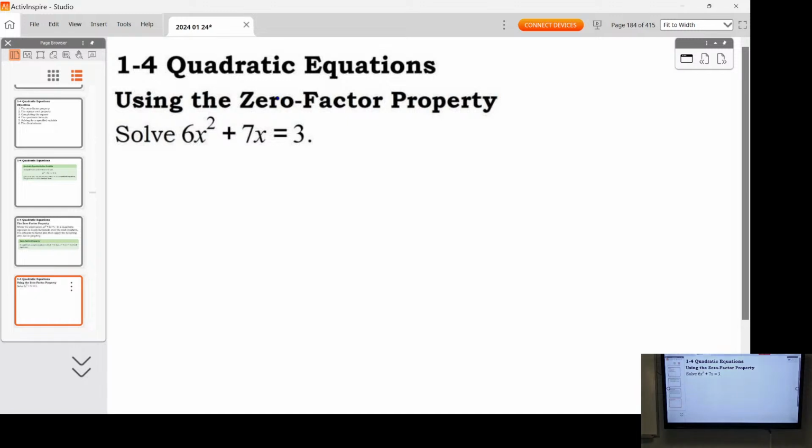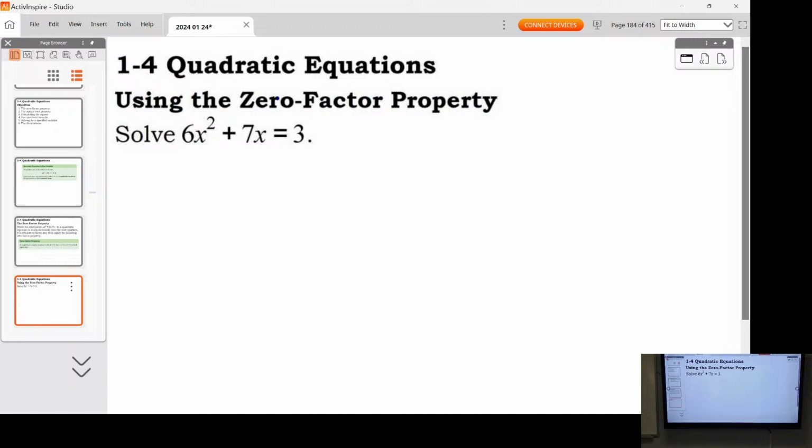Here is a quadratic. We're going to use the zero factor property to solve 6x squared plus 7x equals 3. What is the first thing I have to do to this to solve it?